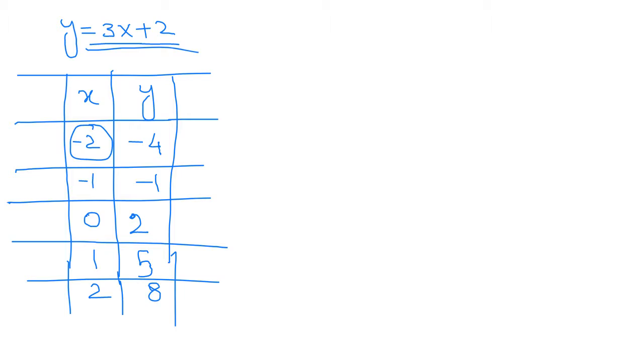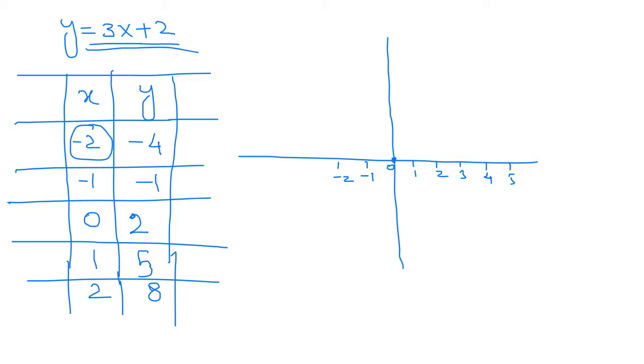Now plot each and every point. This is 0, 1, 2, 3, 4, 5 and minus 1, minus 2, minus 3, minus 4 on the x-axis, and on the y-axis 1, 2, 3, 4, 5, 6, 7 and 8.